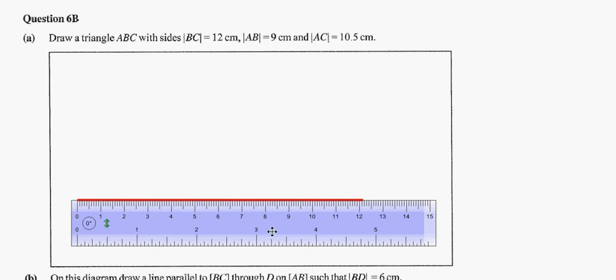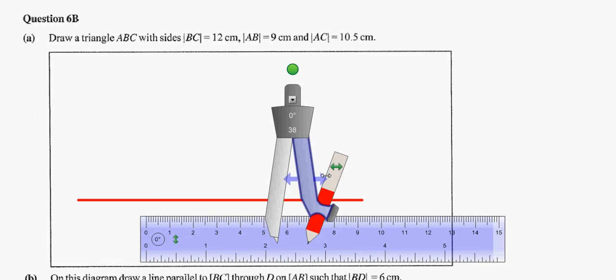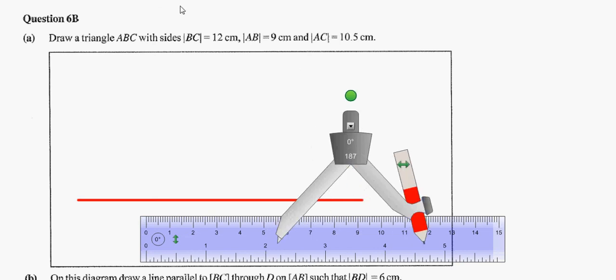Now what I'm going to do next is get my compass. So this is B to C, located here. And what I'm going to do first is A to B, which is 9. So I'm going to do 9 centimeters here.